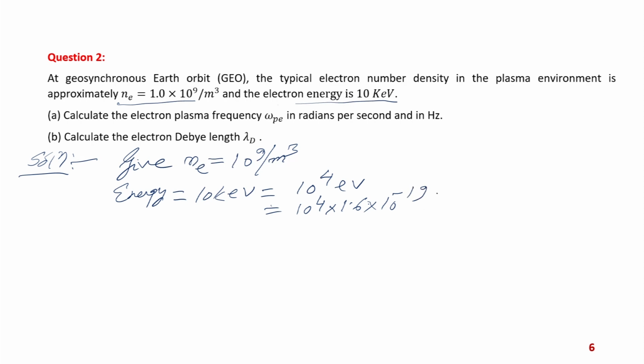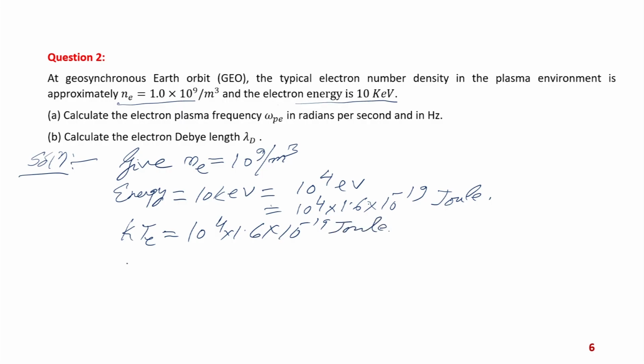So, this will be in joule, and then from here K T e is equal to this. So, you can find the K, where K is the Boltzmann's constant. So, this is equal to 10 to the power 4 into 1.6 into 10 to the power minus 19 joule.